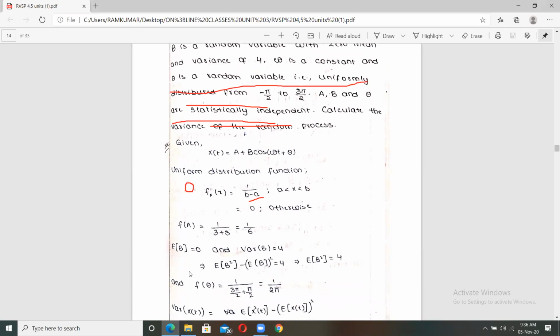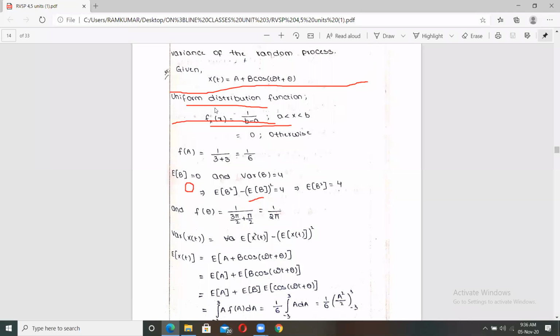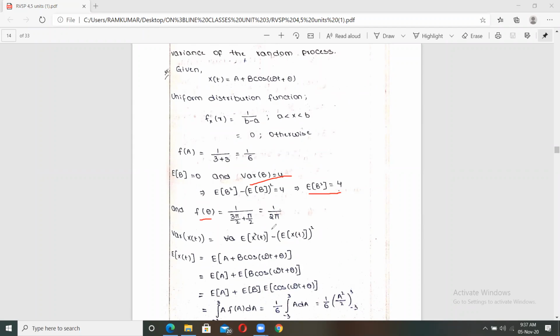Now he has given 0 mean, then e of b equal to 0, variance equal to 4, then e of b square becomes 4. And f of theta, theta is in between minus 3 pi by 2 to pi by 2, then f of theta is equal to 1 by 2 pi.